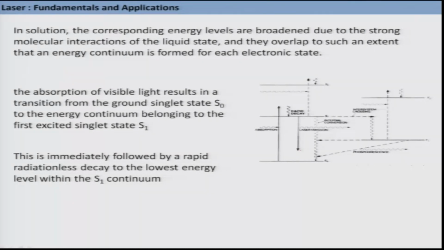In the previous class or the one earlier to that, we said that this emission can take place from the lowest vibrational level of the excited state to different vibrational levels of the ground state. So you can see that it can come back here, here, here and here.